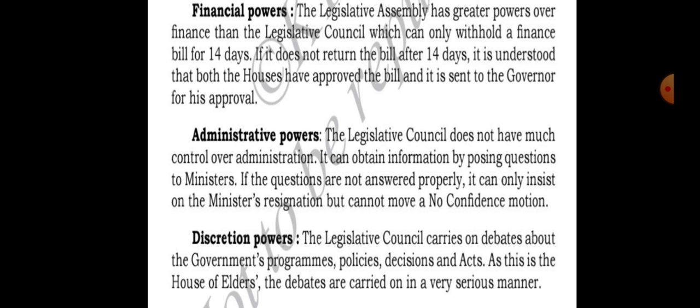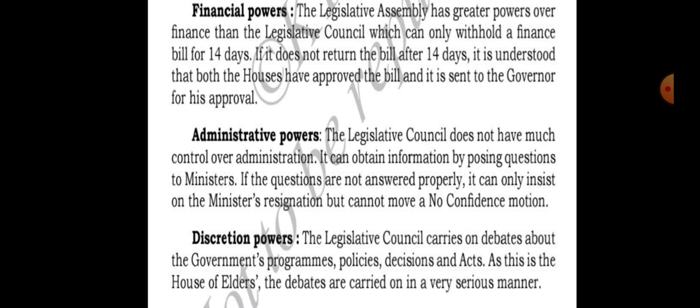What are the administrative powers? The Legislative Council does not have much control over administration, but it can obtain information by posing questions to ministers. Whenever there is a session, there will be a questioning hour. During that time, they can ask a number of questions to get satisfactory answers.